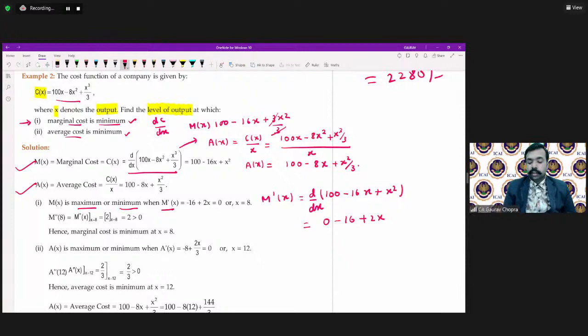By solving this, we get the value of x as 8. Whenever there is such a situation, we have to find the value of x by applying the derivative. So here after applying the derivative, we are getting x equal to 8. So marginal cost will be minimum at x equal to 8.